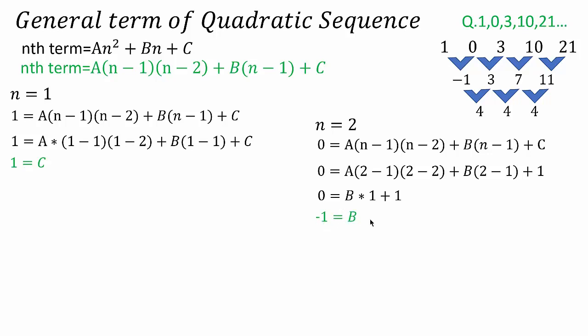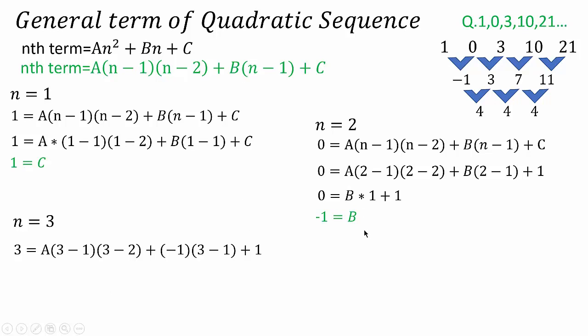The same process is continued and we put n equals 3. In the same equation, when n equals 3, the term is 3. So the third term of the sequence is 3, and we put n equals 3 in this equation to give this result.